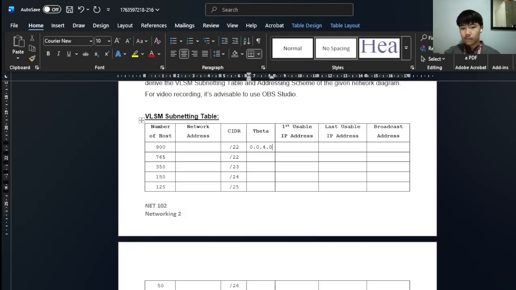Since the second one has the same CIDR, it has the same theta.